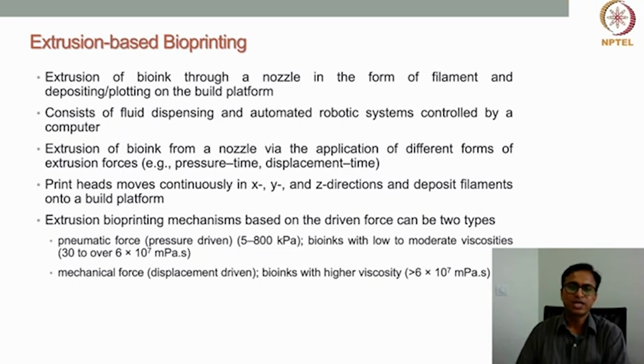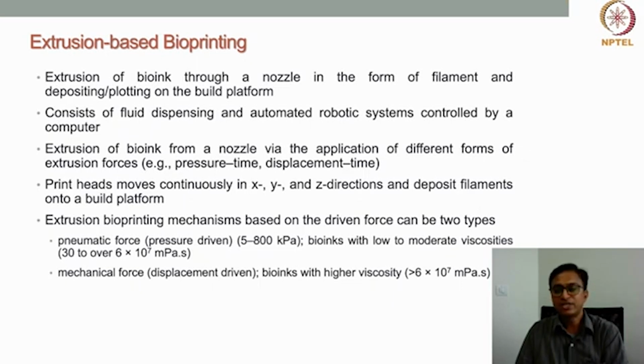The second case is where it is mechanical force driven, like displacement driven, where we apply mechanical force for extruding the material. In this case, very high viscosity bioink, more than 6 into 10 to the power 7 millipascal second, can be extruded.